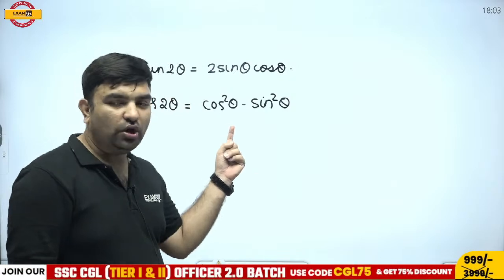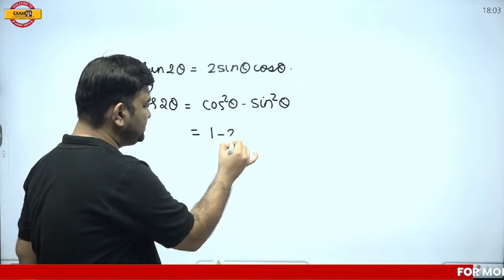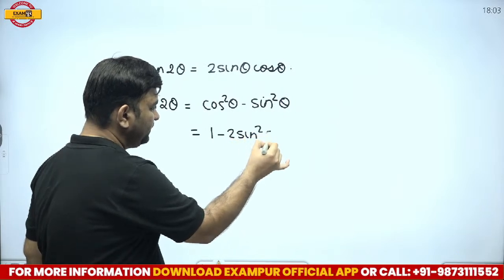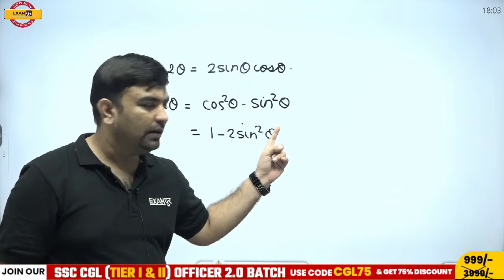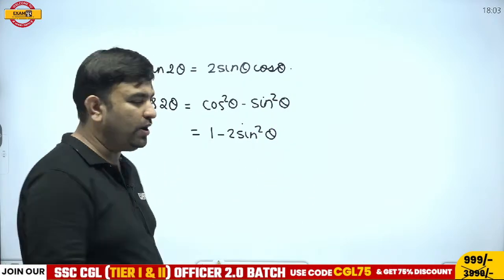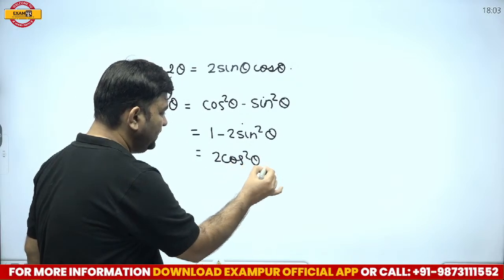If I change cos square as 1 minus sine square, then it will become 1 minus 2 sine square theta as well. And if I change sine square as 1 minus cos square, then it can also become 2 cos square theta minus 1.